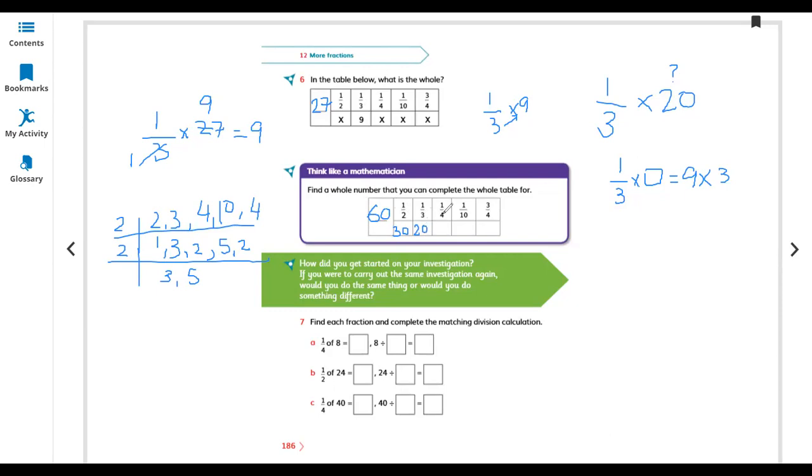Then 60 divided by 4: 4 times 1 is 4, but it's 6, so 6 minus 4 is 2. 2 coming with 0, 20. 4 multiplied by 5, 20. So 15 multiplied by 4, 60. 10 multiplied by 6, 60. And 4 multiplied by 15, 60. So 15 we have, multiplied by 3, it's 45.